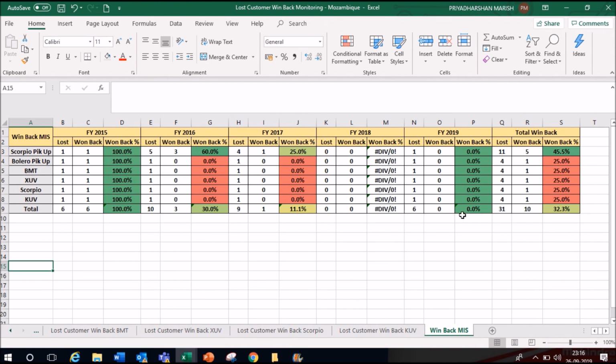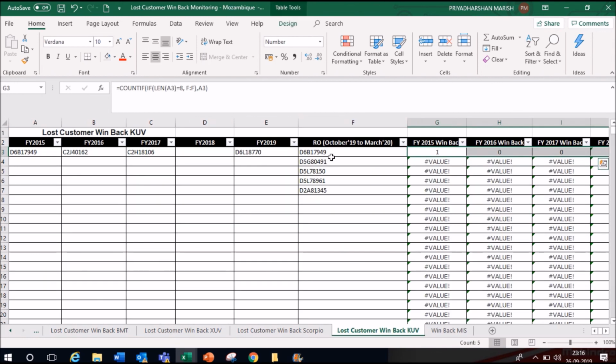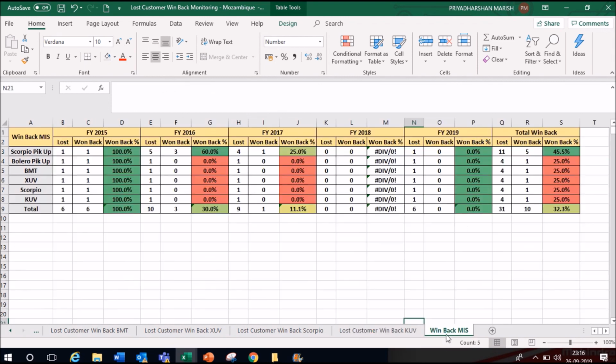So what this says is, I have lost 31 customers, out of which I have managed to win back 10 customers, which is a win back percentage of 32.3%. So just delete the RO data and replace it with your own RO data of the period from October 19 to March 20, and you'll get your win back MIS also. So that's it for the service retention and win back monitoring file.